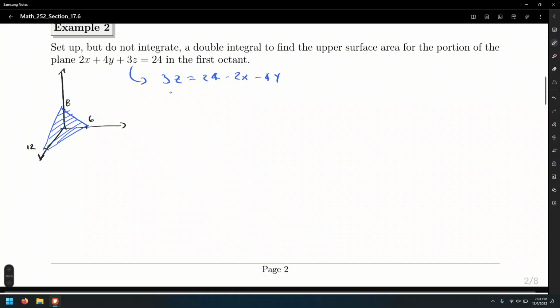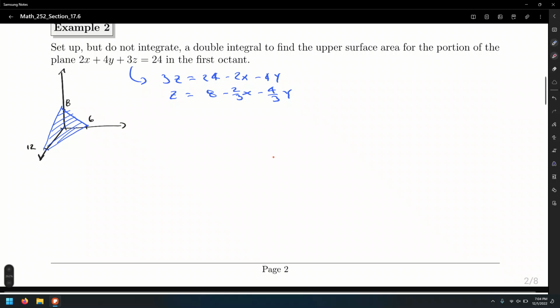That's so we can find the partial derivatives that we need. So that's 24 over 3, that's 8, minus 2/3 x minus 4/3 y. And I think you can see why they're asking us to just set it up, because the numbers are not going to be that pretty.